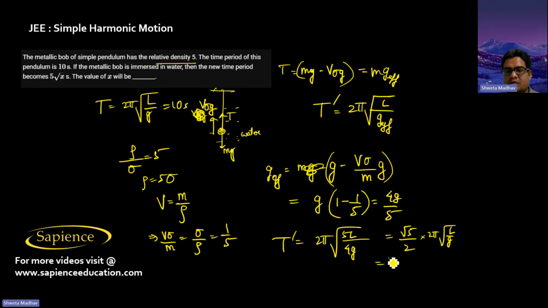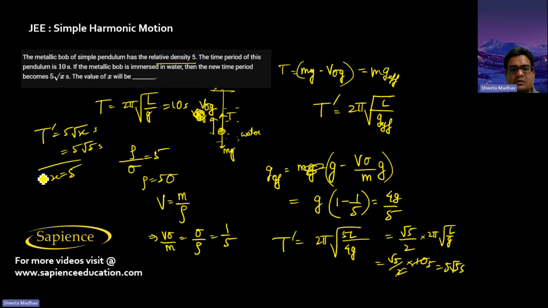So therefore this is equal to root 5 by 2 into 10, which is 5 root 5 seconds. So the new time period T dash is told to be 5 root x seconds. It is the same as 5 root 5 seconds. So x is equal to 5. So the value of x will be 5. 5 is the answer.